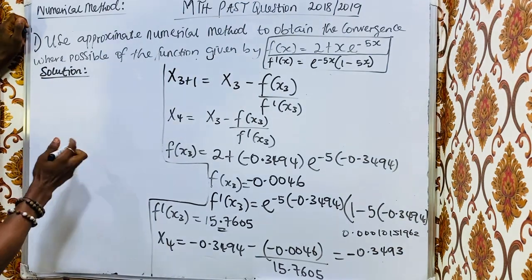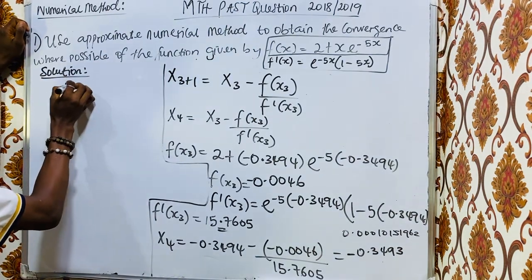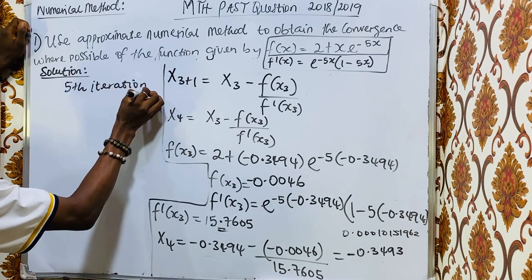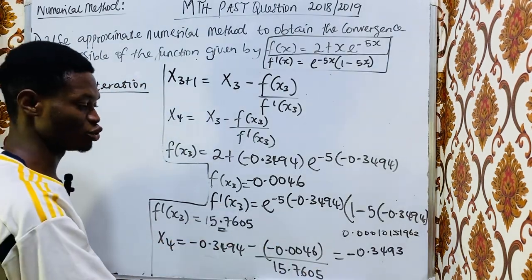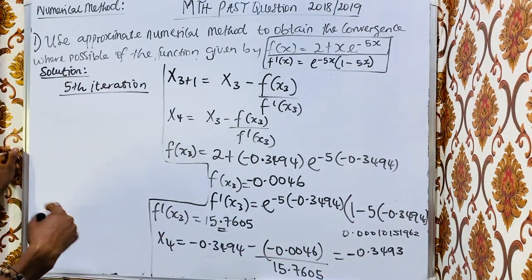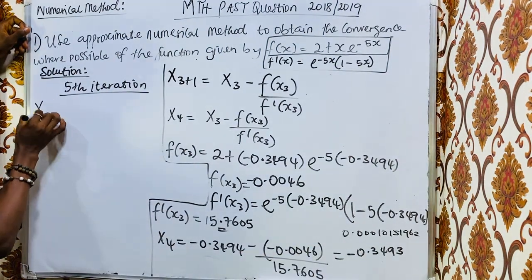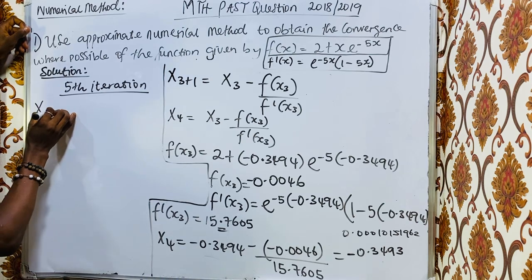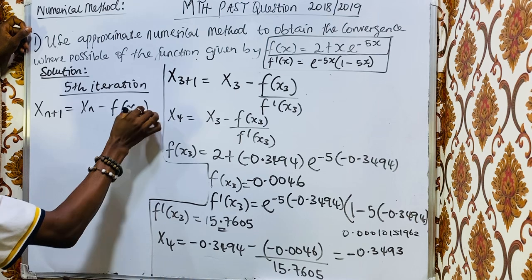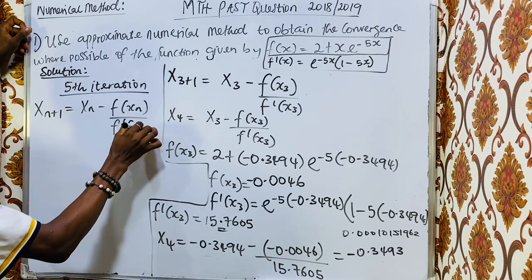So let's go for x5, fifth iteration. Let's check. I've already seen where it converges. The roots converge at x equals negative this distance. So let's just check for x5. It will be x n plus 1 equals xn minus f of x sub n over f prime of x sub n.